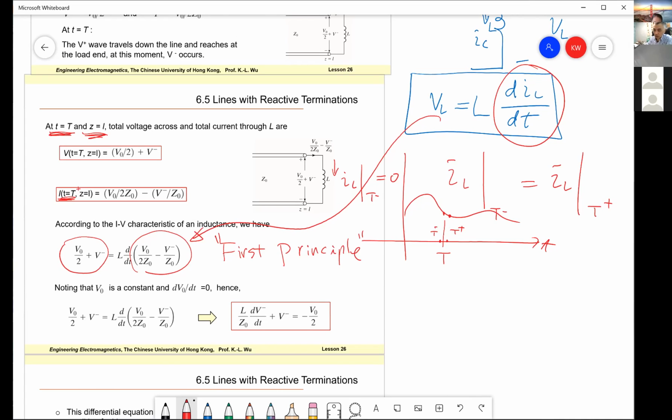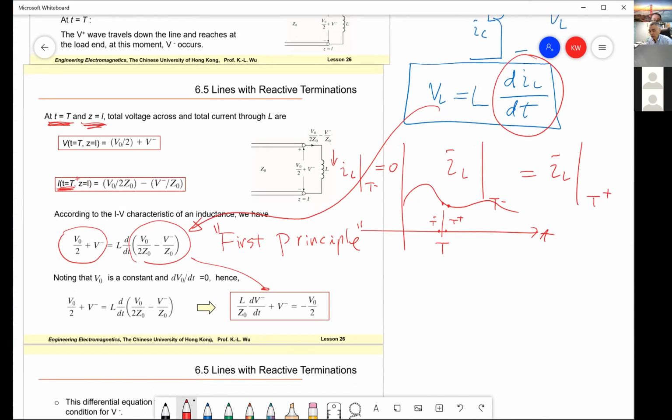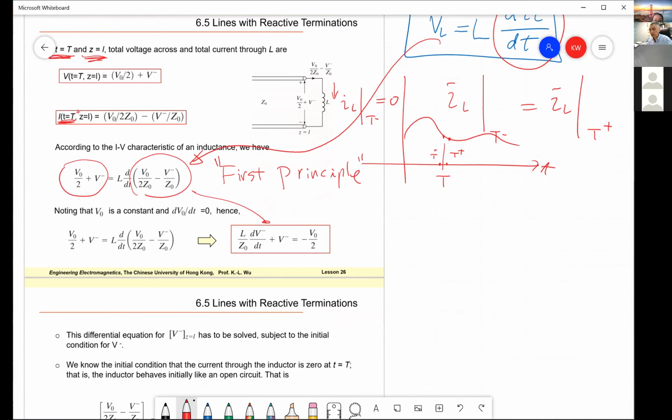Now we apply first principle, and it is never wrong. Then this equation gives us a very simple description of the reflected voltage, the first order.